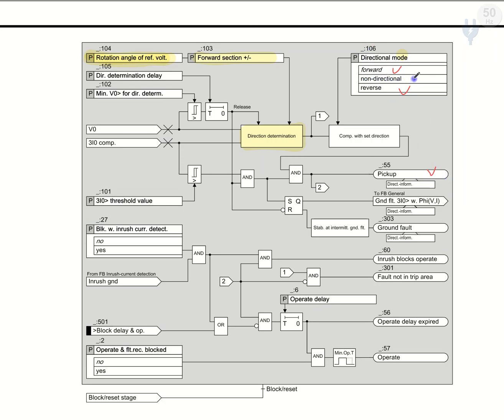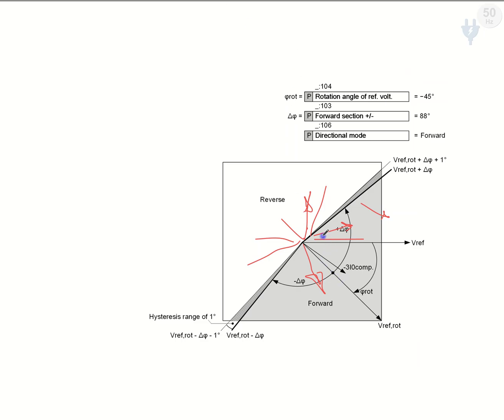And if we select the non-directional mode, then our system will pick up if the current is in any of these directions, because our system will work as non-directional.